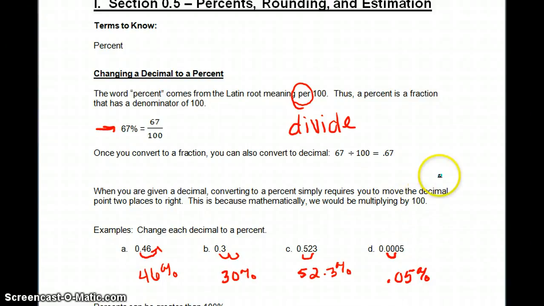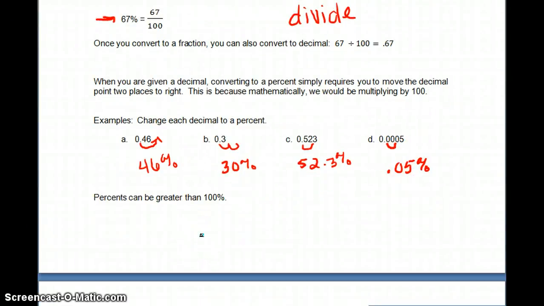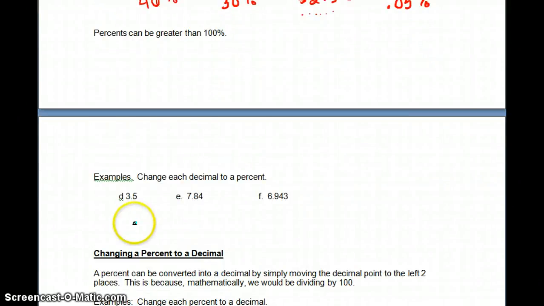Let me just point out too, that percents can be greater than 100. Like this one, you had 52.3%, that one was not greater than 100. These ones are greater than 100.